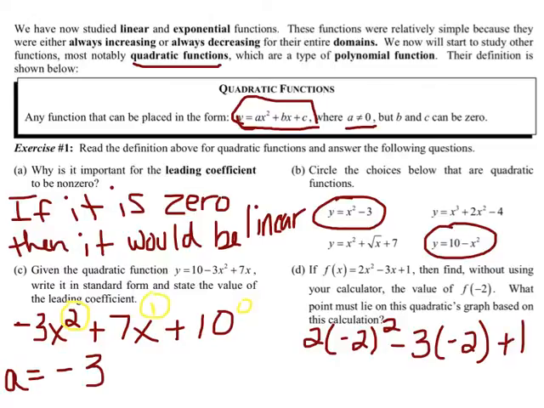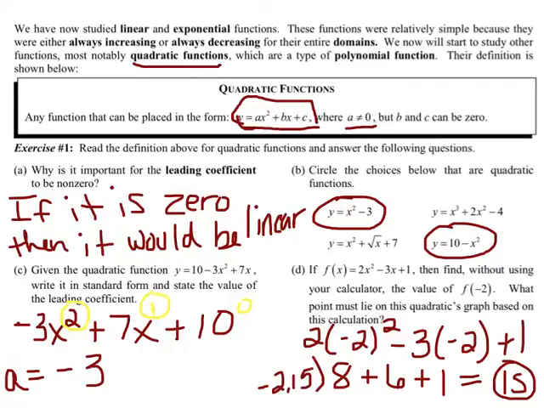Negative 2 squared is 4. 4 times 2 is 8. Negative 3 times negative 2 is a positive 6, plus 1. That is going to give me an answer of 15. So the point that must be on your graph is negative 2, comma, 15.